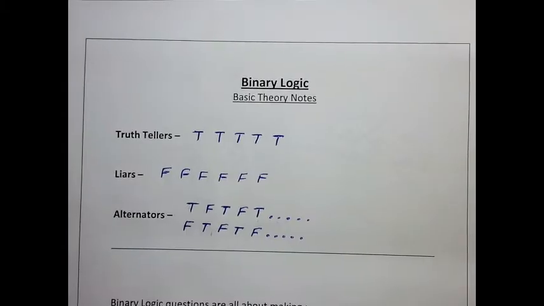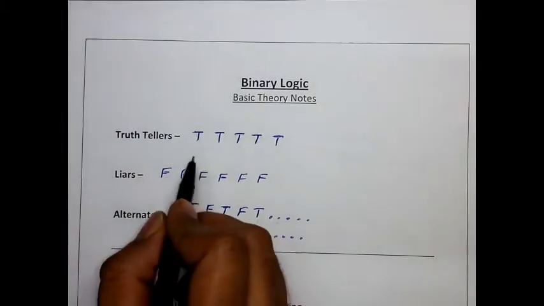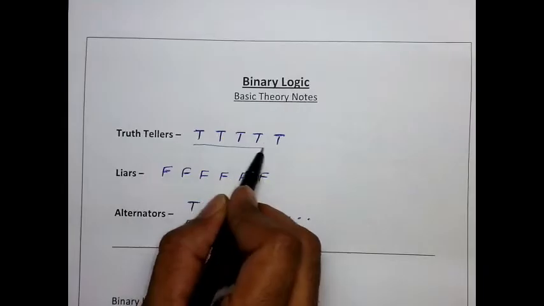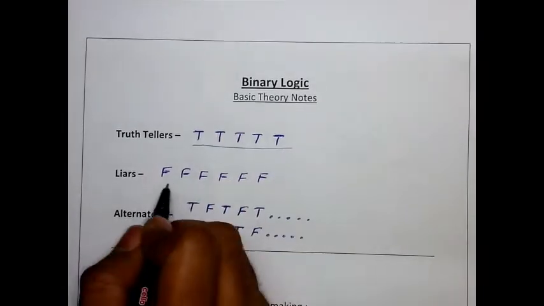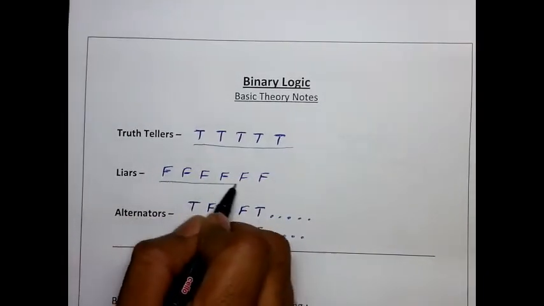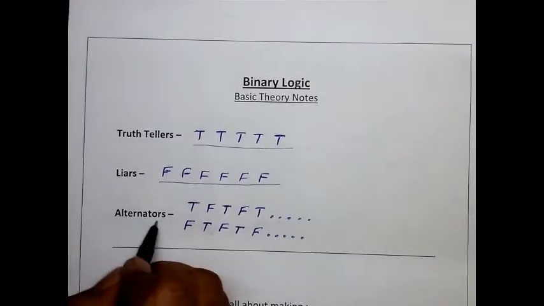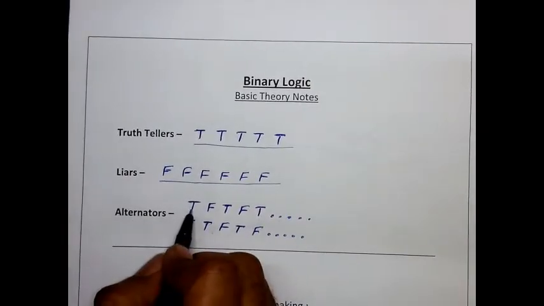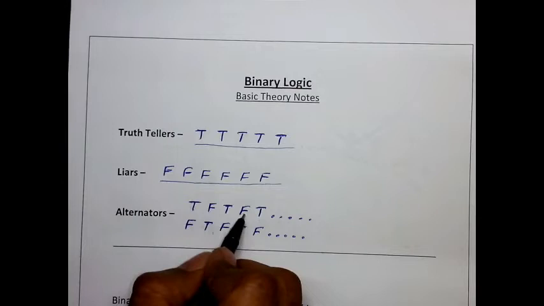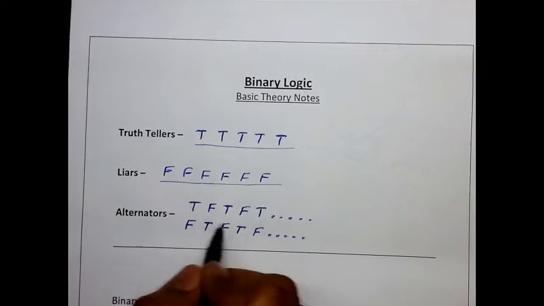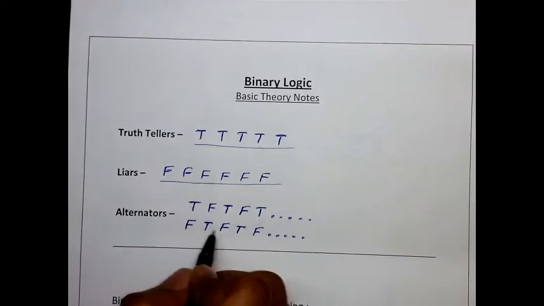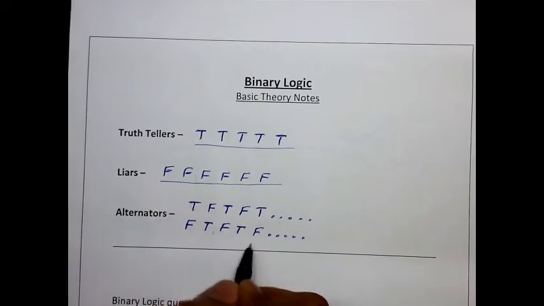But in any situation, for a truth teller, all the statements are considered to be true. For a liar, all the statements are false. For an alternator, it may follow the pattern true, lie, true, lie, true, lie, like that. Or it may be lie, true, lie, true, lie, true, like that.